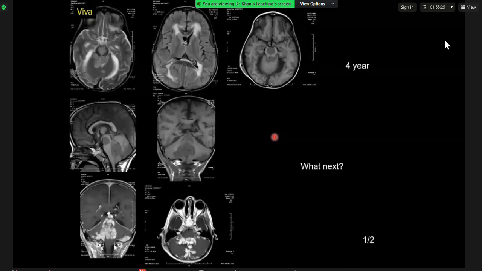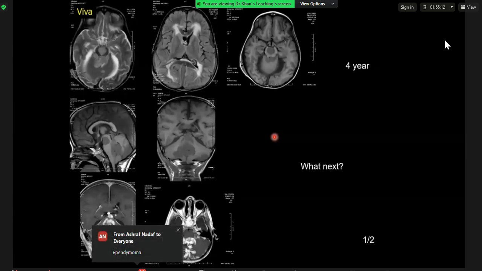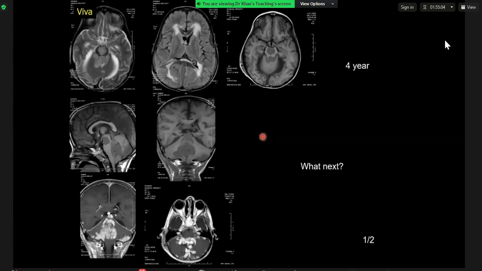So in summary, I've got an aggressive posterior fossa mass in a paediatric patient. It's centered on the midline rather than to the side. There's not a cystic enhancing nodule, so less likely to be a pilocytic astrocytoma. It's in the midline.